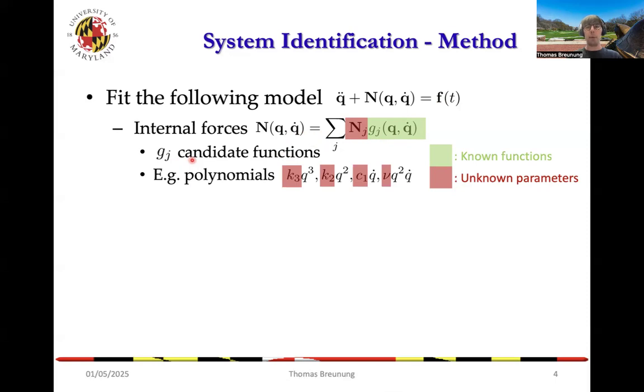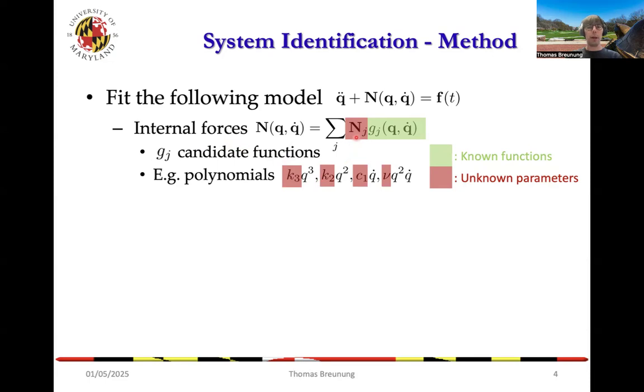For example, one basis one could use would be polynomials, which are very commonly used in nonlinear vibrations. But by all means, it could also be a very different set of basis functions depending on the application. Those basis functions are then scaled by some unknown parameters, which we group in this vector capital N here.